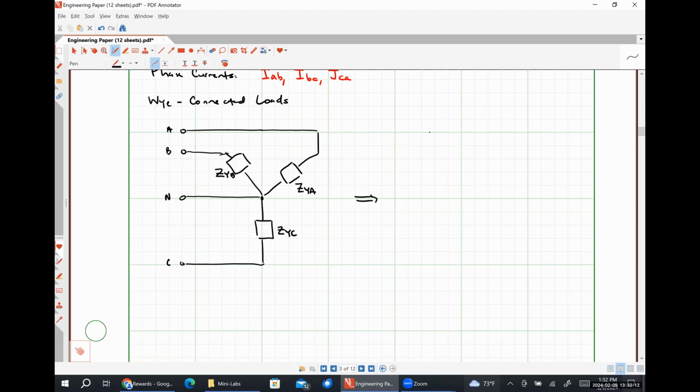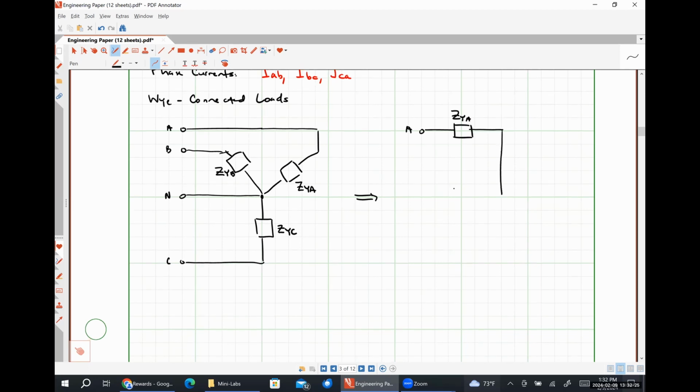My preferred way is like this. And once again, we may have an optional connection to our neutral conductor.